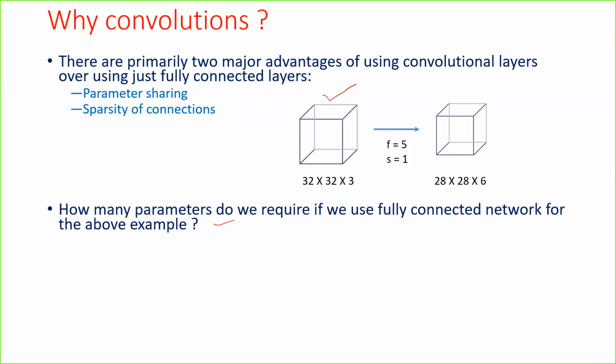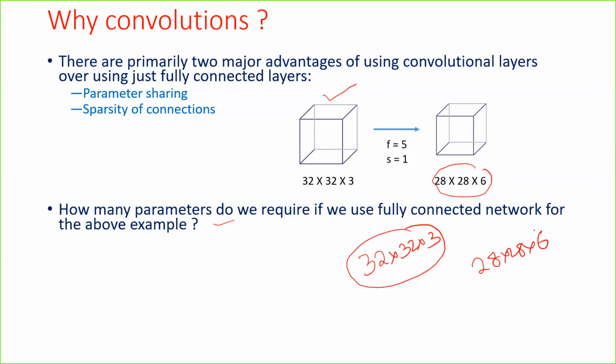If I take each element as one neuron, 32 times 32 times 3. How many neurons at this layer? 28 by 28 by 6. If I apply a fully connected neural network, it means all these neurons are connected to all these neurons. How many edges or how many weights?